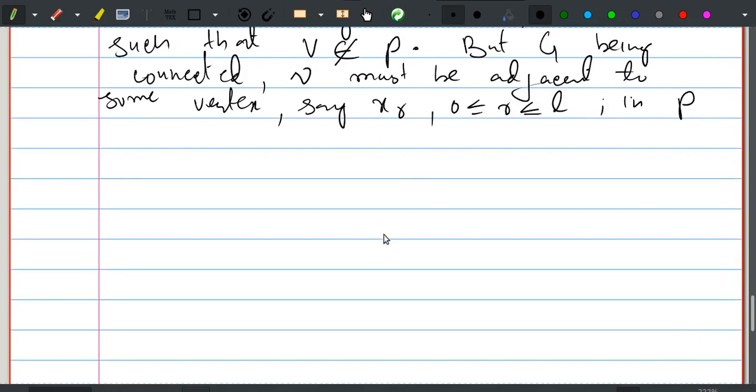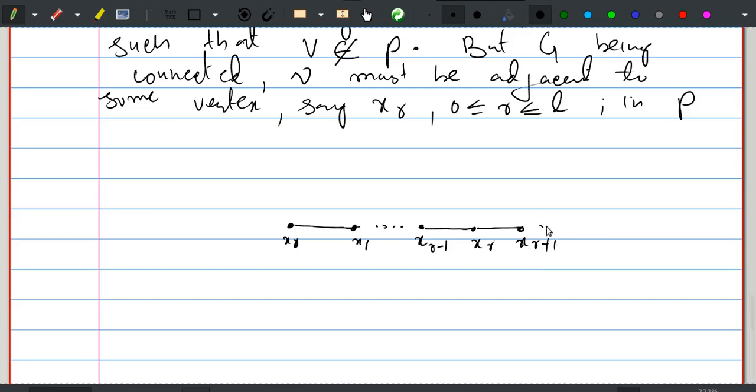So this is our path. This is x0, then x1, and let us suppose that here is xr minus 1, this is xr, this is xr plus 1, so on.